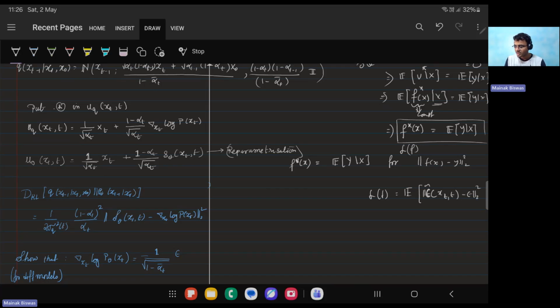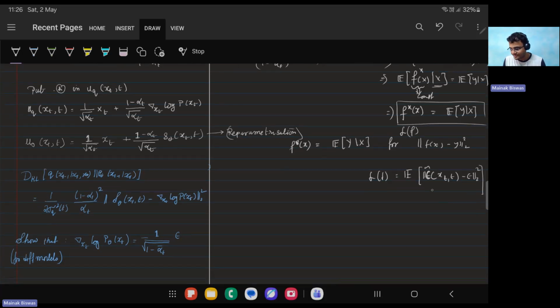Now what I can tell you is that epsilon star of xt is nothing but the expected value of epsilon given xt, which means given noisy data, what is the expected value of the noise added.